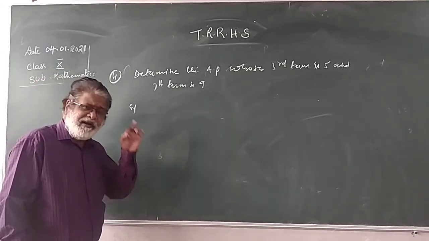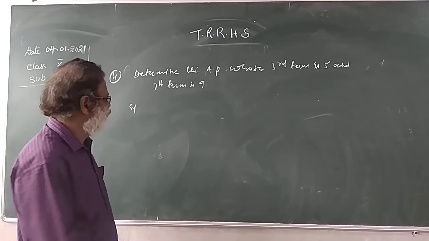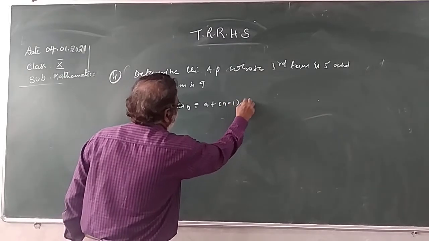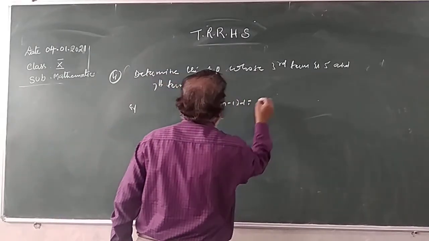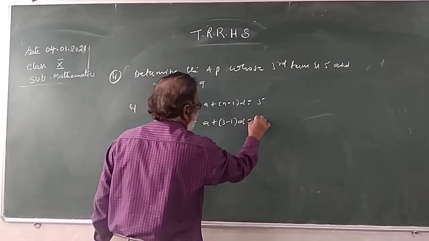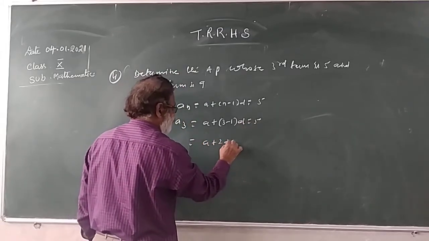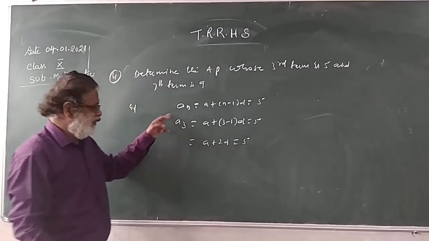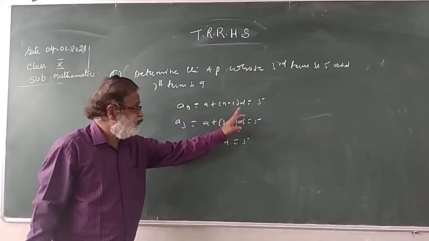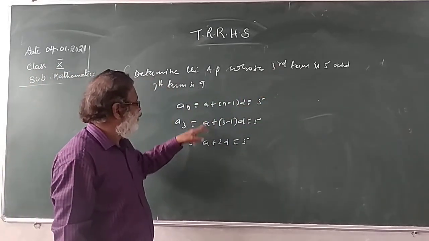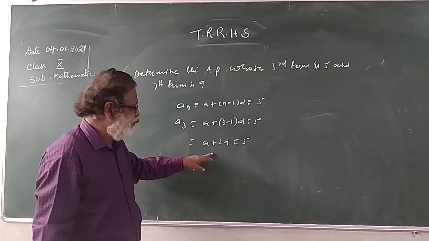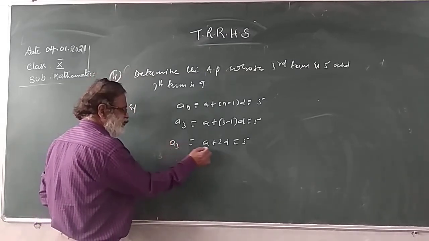So an = a + (n - 1)d = 5, where the third term is given as 5 and n = 3. That gives a + (3 - 1)d = 5. So A3 means a + 2d, and a + 2d = 5.